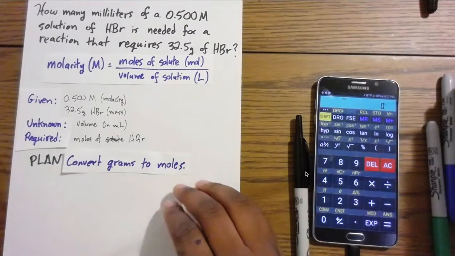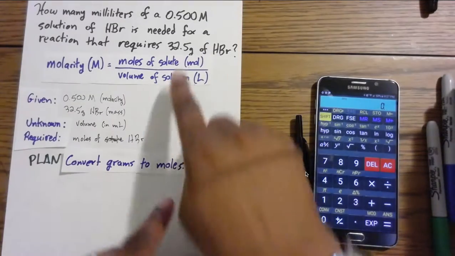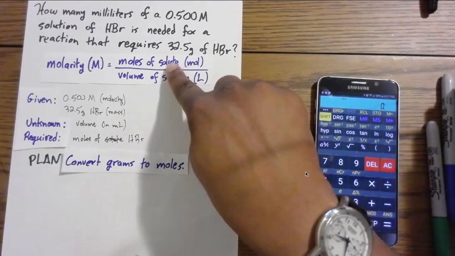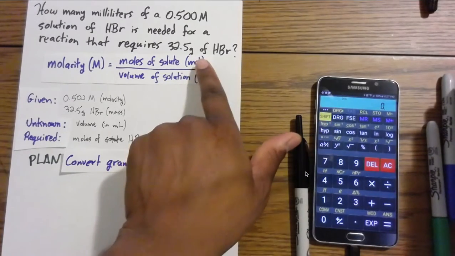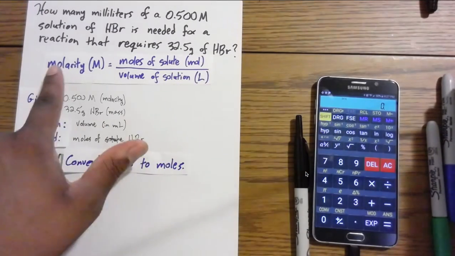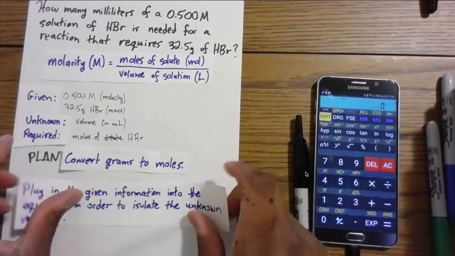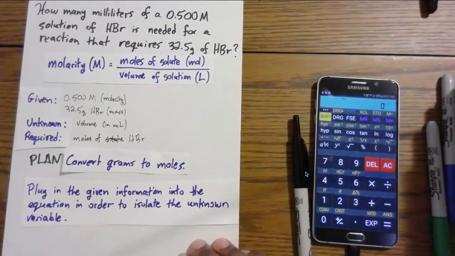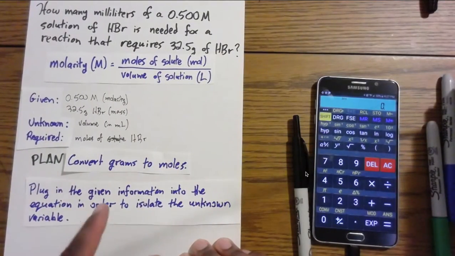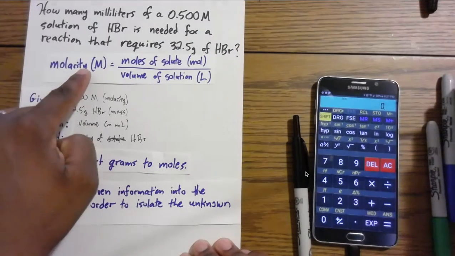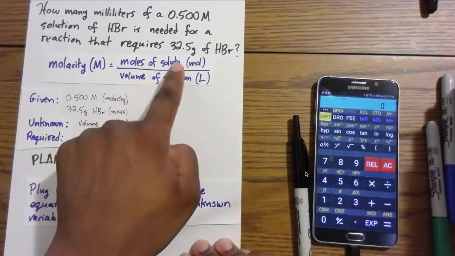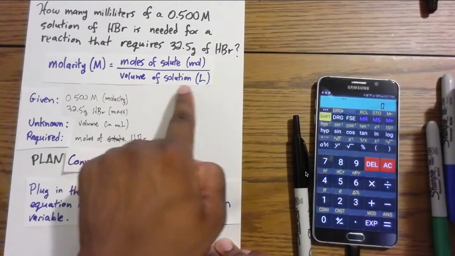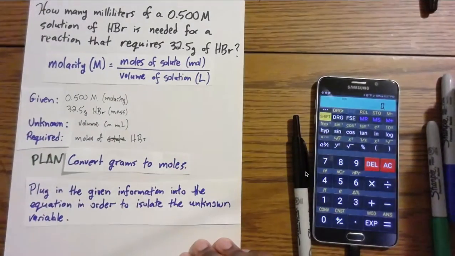I'm going to convert grams to moles first, so that way I'll have my moles of solute, and then I'm going to plug in my molarity. So I'm going to plug the information into the equation to isolate the unknown. Once I plug in my molarity, which is 0.5, and my moles of solute, I'll be able to solve for volume doing some basic algebra.